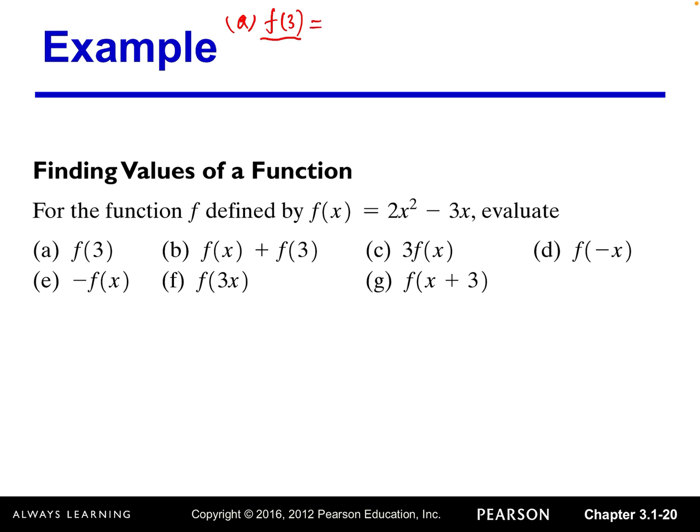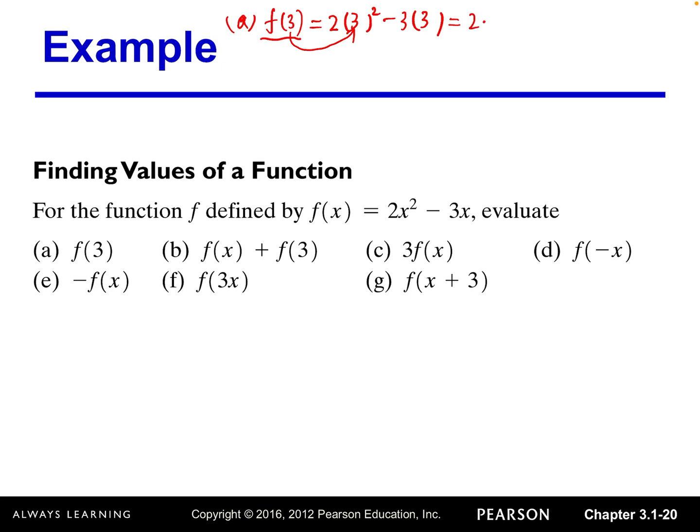So let's plug it in. That's 2 times x squared, where I replace x by blank parentheses, minus 3x. What you put in the parentheses is the value of the input variable, which is 3 in this case. And then simplify.